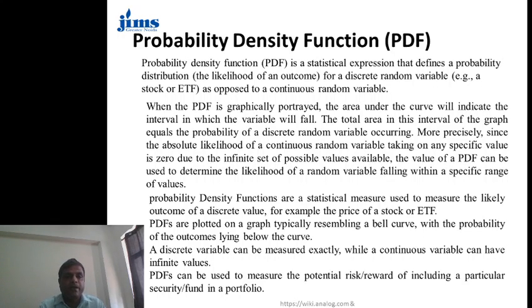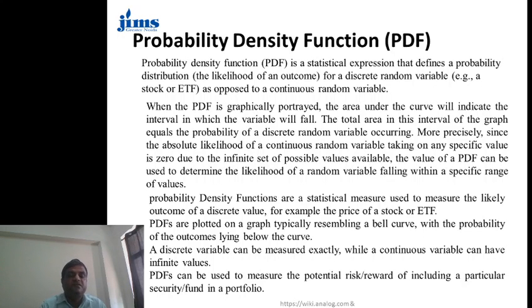More precisely, since the absolute likelihood of a continuous random variable taking on any specific value is zero, due to the infinite set of possible values available, the value of the PDF can be used to determine the likelihood of the random variable falling within a specific range of values. Basically, the probability density function is a statistical measure used to measure the likely outcome of a discrete value, for example, the price of a stock in the market.